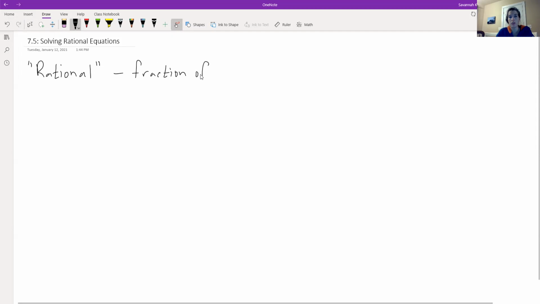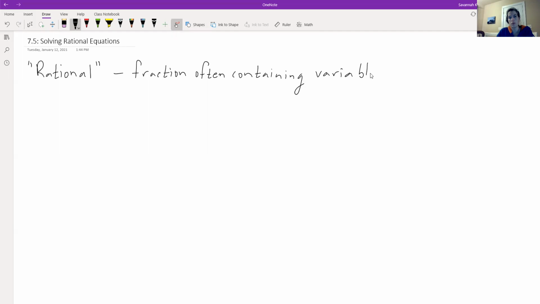It's a fraction that is often going to contain variables. In fact, we could say usually it's going to contain variables. So informally, I usually tell people it's a fraction with x's in it.